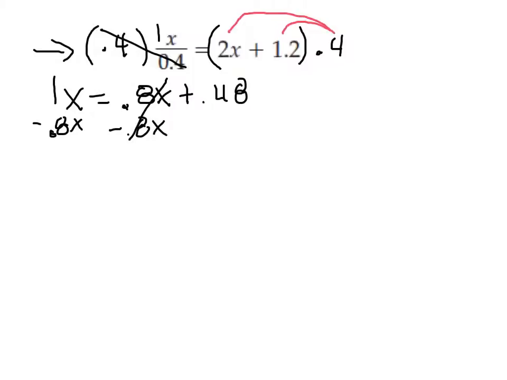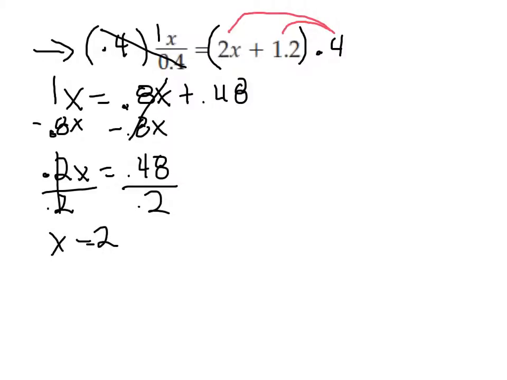A 1 minus 0.8 gives me 0.2x is equal to 0.48. Now, the x is still not isolated. I have to remove the 0.2 by using division. Notice I'm only doing the 0.2, leaving the x to be isolated. x is equal to 2.4.